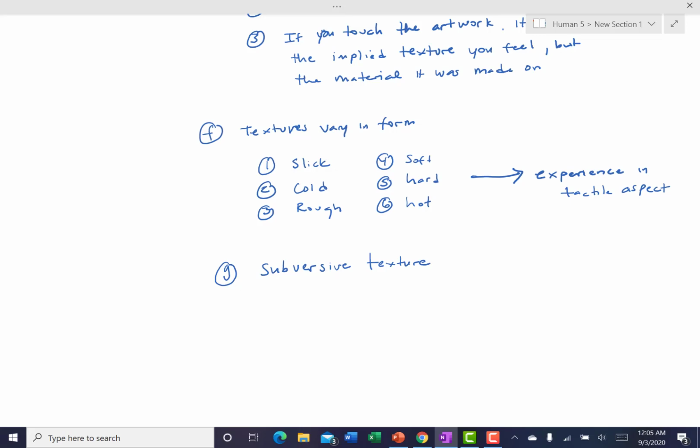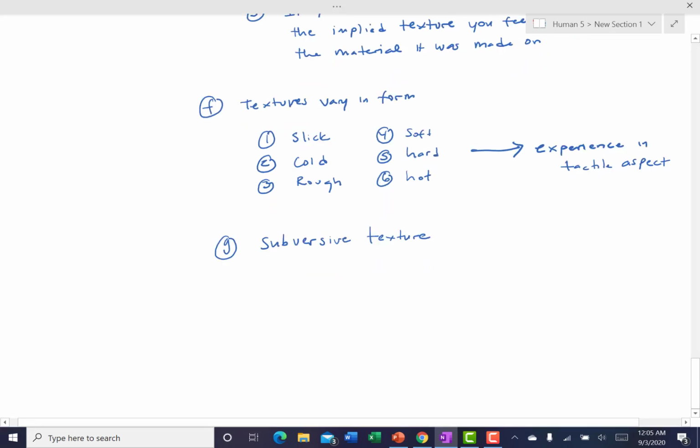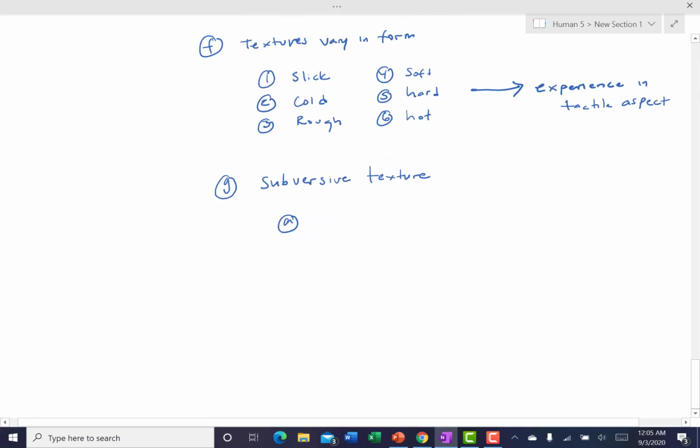You could have an architecture. There was this big, massive building that was all smooth metal and gives off this sense of, like I said, sterile or cold. And so you're going to look at that and see it as foreboding or institutionalized, like you might think of a hospital. So let's put that under subversive because this is where it plays a part.